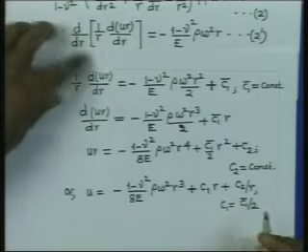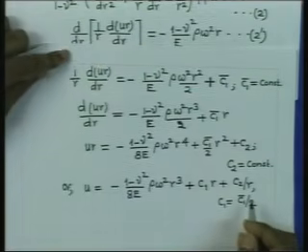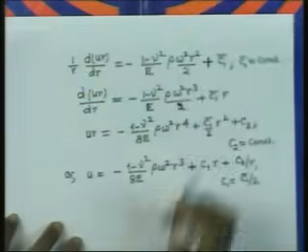So, this gives the expression for u, and if we now go back to the relationship for sigma r and sigma theta, we will get the value for the radial stress.